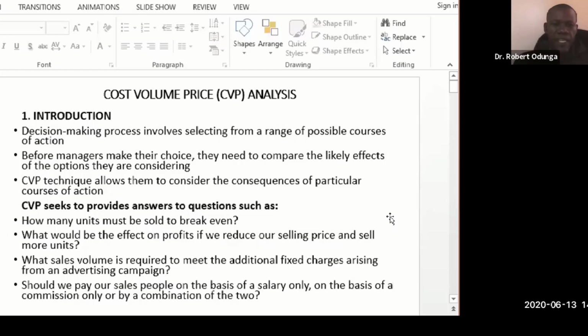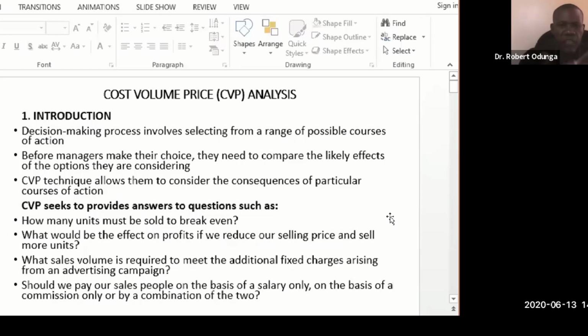Before managers make their choice, they need to compare the likely effects of the options they are considering. So you need to look at the effects of the options that you are faced with. The effect can be assessed in terms of the costing. The effect can be assessed in terms of the sales. The effect can be assessed in terms of the profitability.